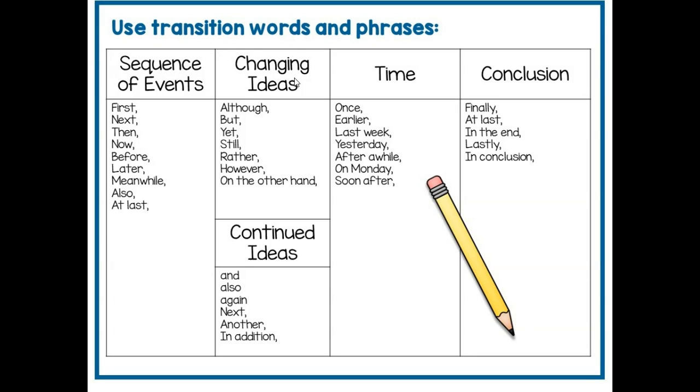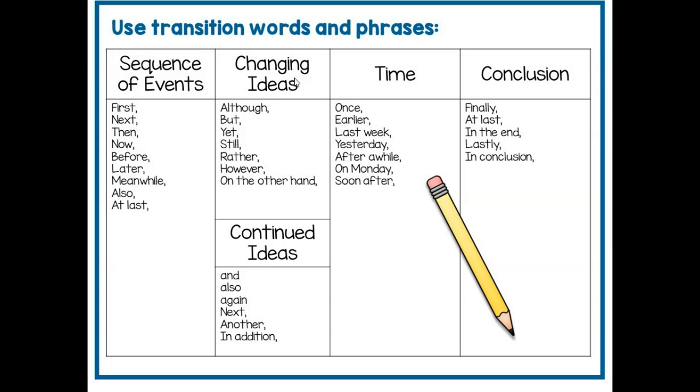So when you are writing, sequence of events could be signaled in your writing by first, next, then, now, before, later, meanwhile, also, at least. All of those let the reader know that you are transitioning to another event.